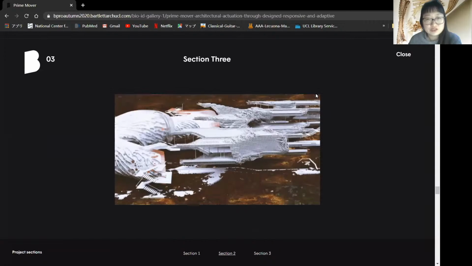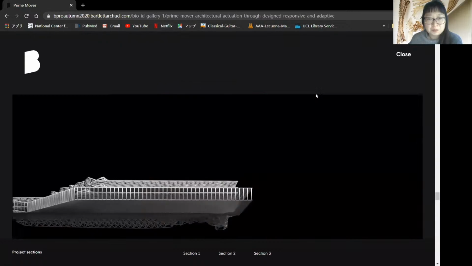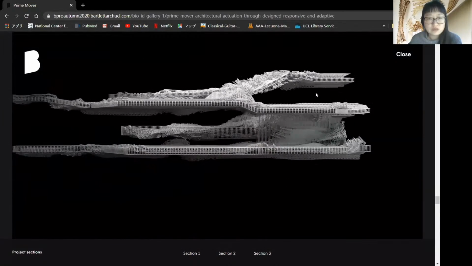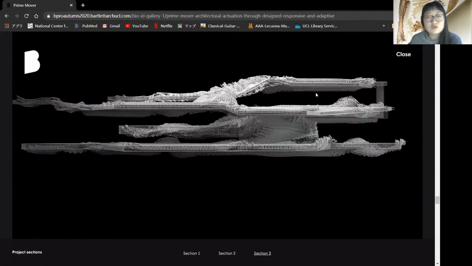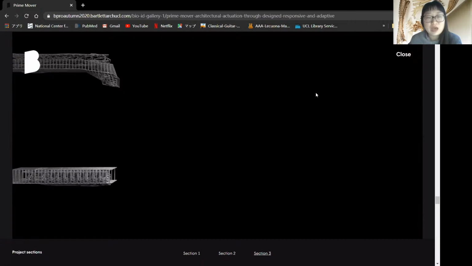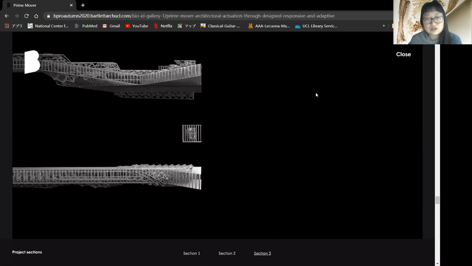And section 3 is mainly about the buildings, the final appearance of the building that we're imagining. So this animation shows the process of how each unit is assembled, stacked together on the frame, and gradually it starts to create space.